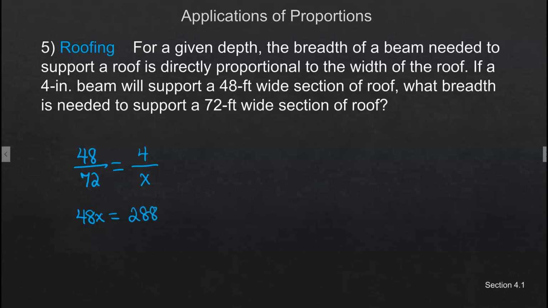We divide to solve, and we find that our solution is 6 inches. And then if you look at this, this makes sense, right? 4 inches for the 48 feet, 6 inches for the 72 feet.